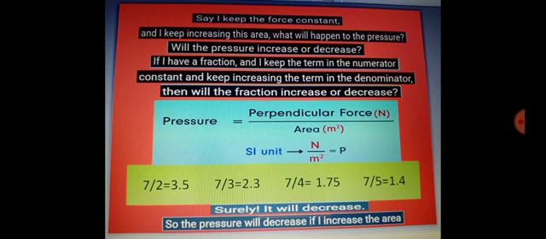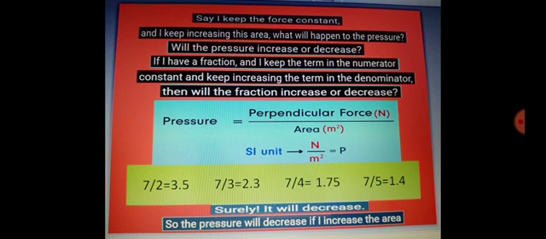In the case when we increase the area to 3, the pressure is 2.3, when we increase the area to 4, the pressure is 1.75 Newton per meter square or Pa, and when we increase the area to 5, the pressure is 1.4.